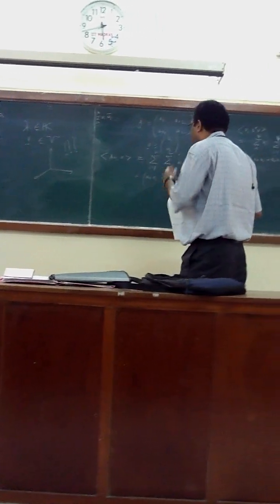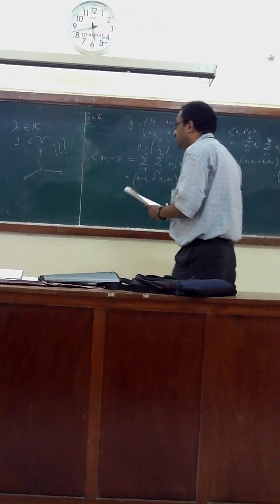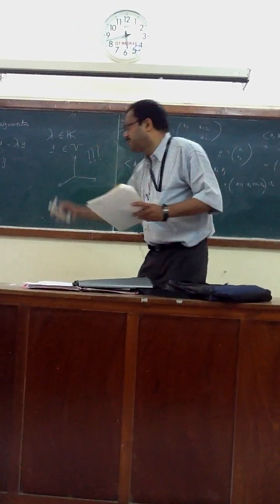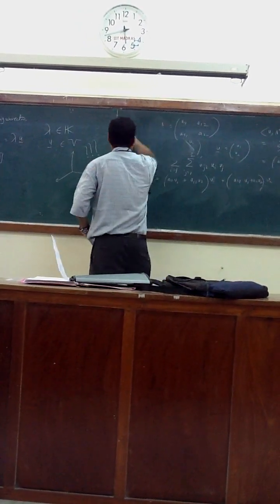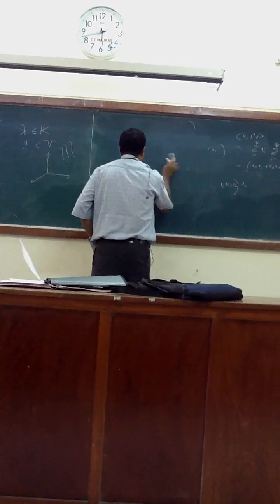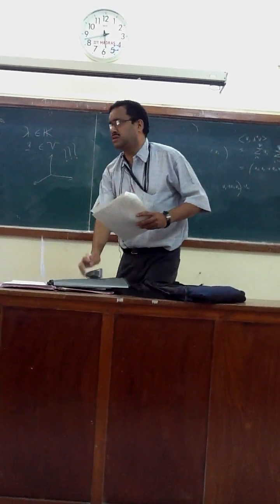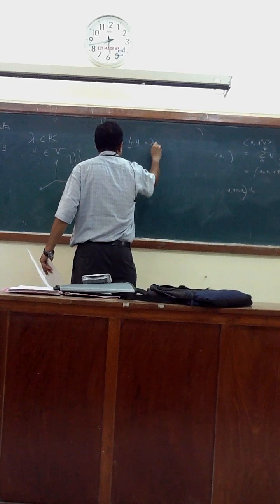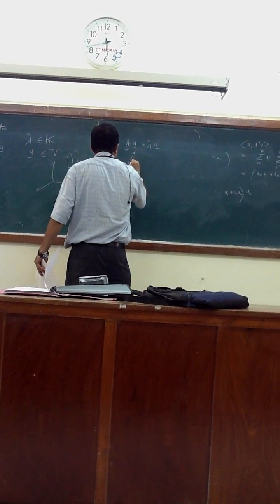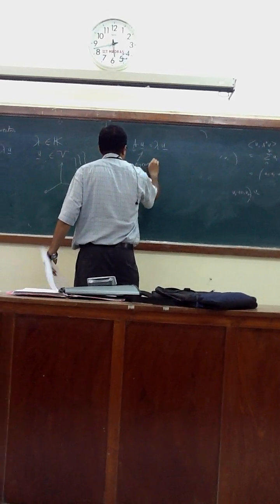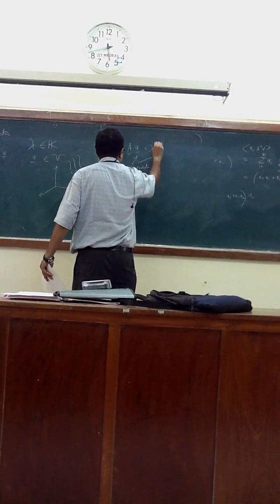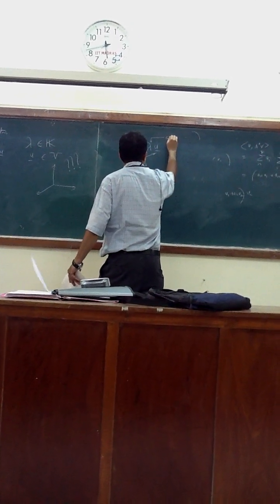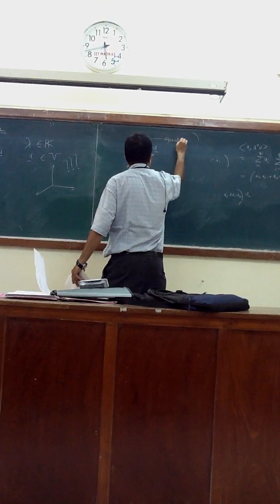So let's look at the properties of this system. Now you see the concept of null space will come into the picture. If you look at A u equals lambda u, this is your eigenvector and this is the eigenvalue.